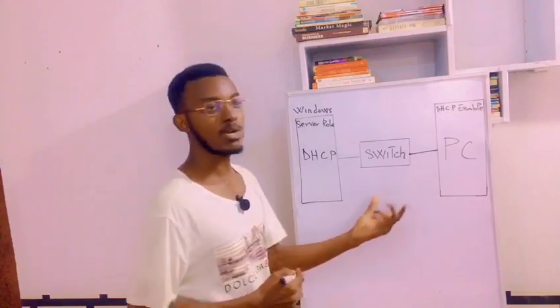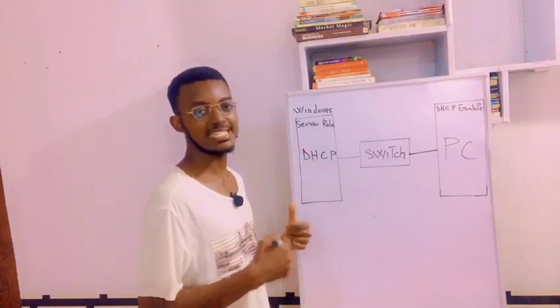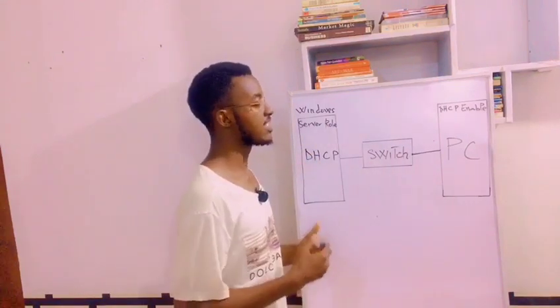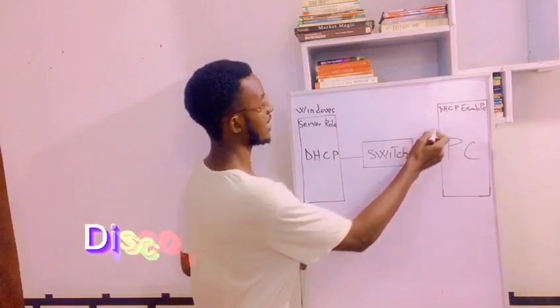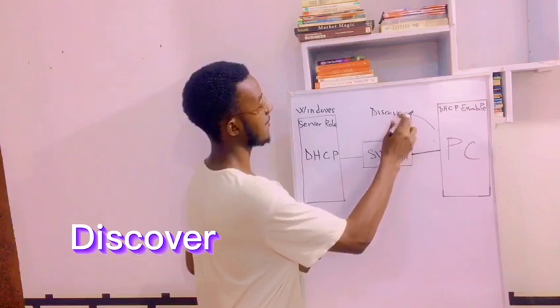the client computer will start broadcasting a DHCP discover request. So this request is sent to the entire network.